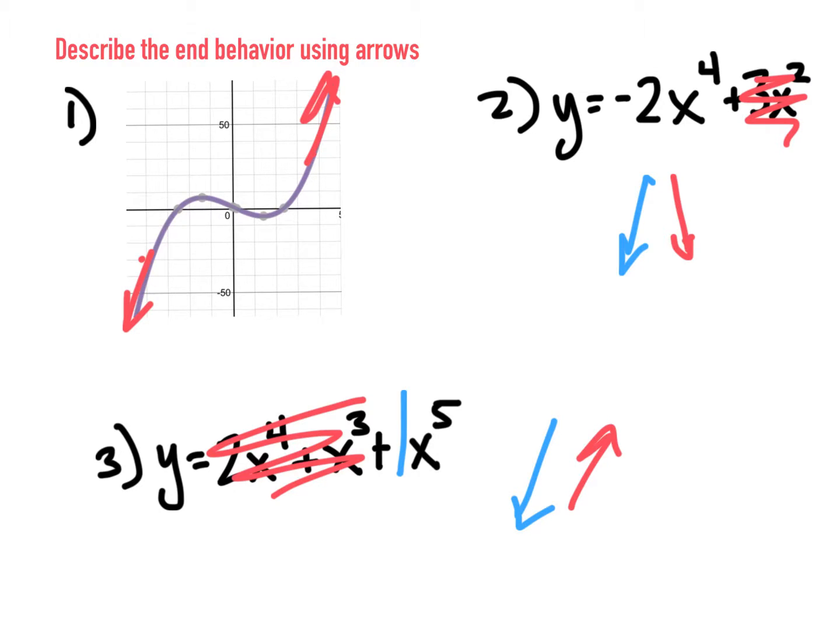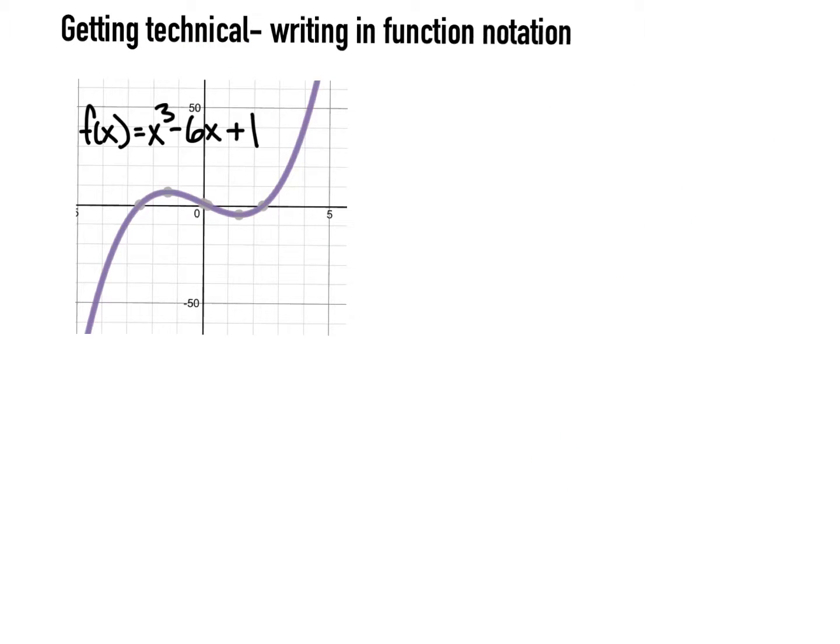All right, but what if it's just not technical enough to use arrows? Well, it really isn't technical enough, and that's why we have to write these things using function notation. So here we have f of x is equal to x cubed minus 6x plus 1. This is the same function we saw a minute ago that is down, up. So here's how we describe them.